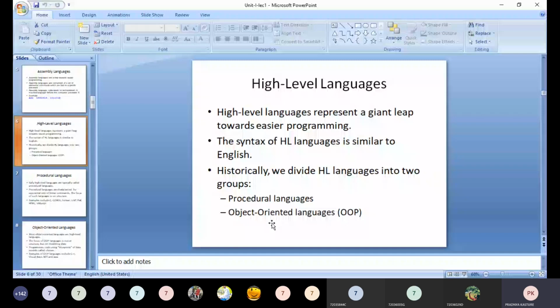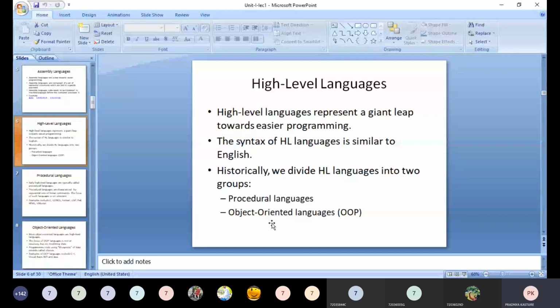One can code in a high level language without knowing the architecture behind that computer. Whatever the architecture, it might not be understandable by that person, but he can still code. The syntax of a high level language is similar to English sentences and English statements.